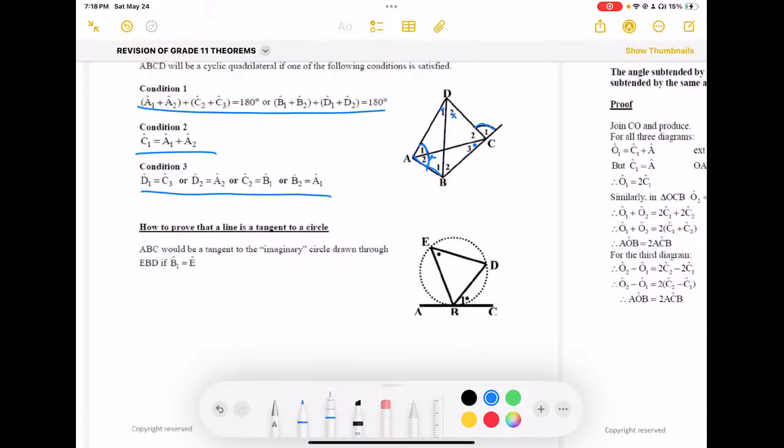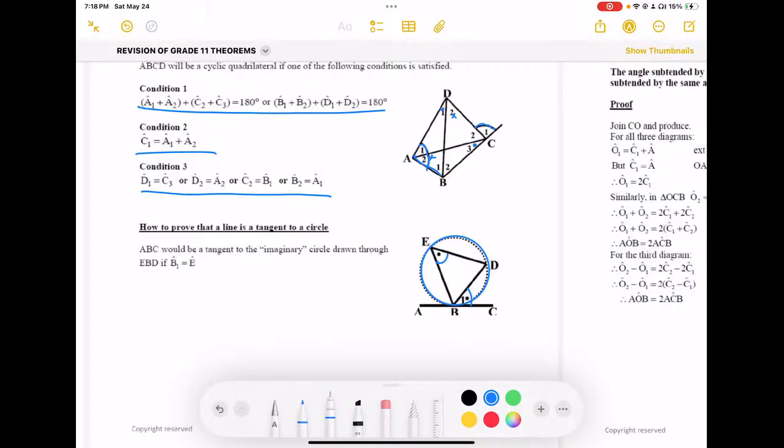And then how to prove that a line segment is a tangent to a circle. To prove that a line segment is tangent to the circle, it has to be the tan chord theorem, right? That's the only thing we know. So if we prove that this angle here is equal to this one, even if we don't have the circle drawn, then we know exactly what it is.